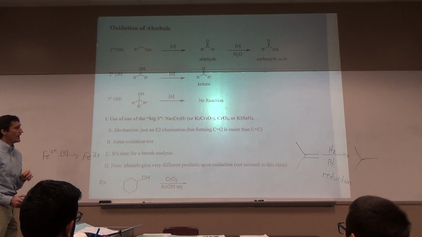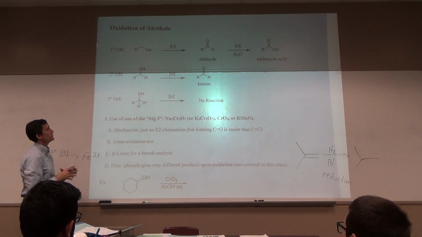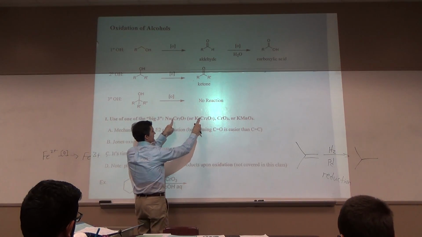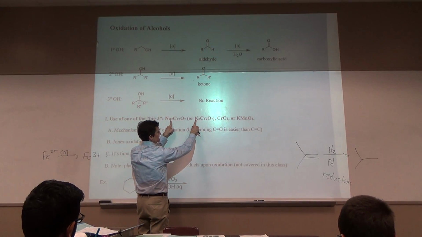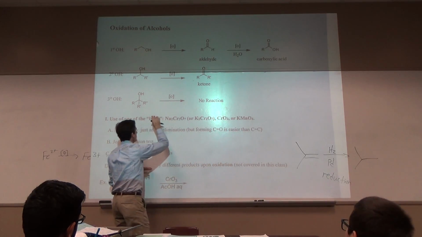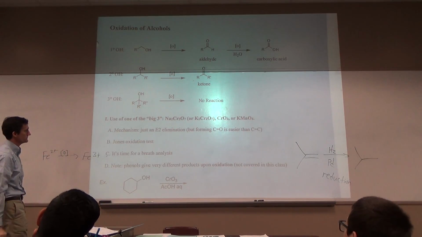These are common oxidizing agents that you saw in Gen Chem. They will do this to alcohols. I call these the big 3, considering these are the same, just a different cation. So dichromate, chromium trioxide, or KMnO4, I call them big 3. I'll use that terminology more and more.